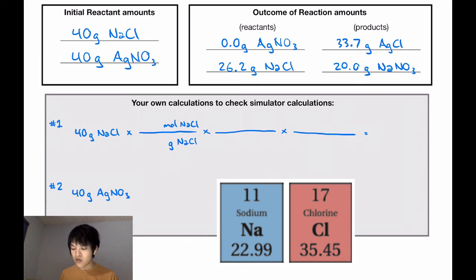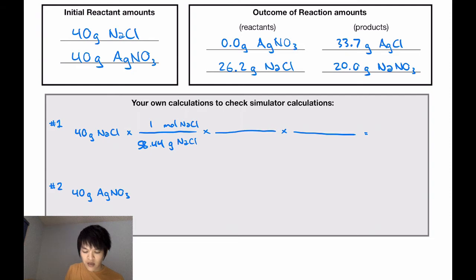Sodium happens to be 22.99, and chlorine happens to be 35.45. Molar mass of sodium chloride is this right here, 58.44 grams per mole. All right, the unit cancels out as grams of NaCl, grams of NaCl.